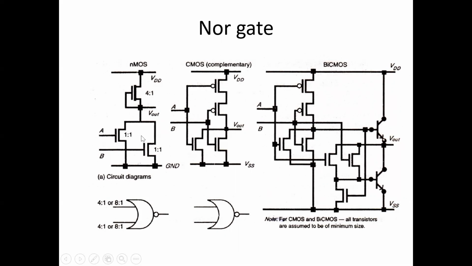The CMOS NOR gate, since the P transistors are in series, the resistance will increase, which will affect the rise time. There in a NAND gate, it was affecting the fall time. Here, it will affect the rise time. So overall, the delay will increase, and the transfer characteristics will shift, reducing the noise immunity.